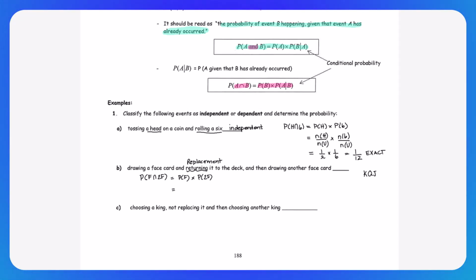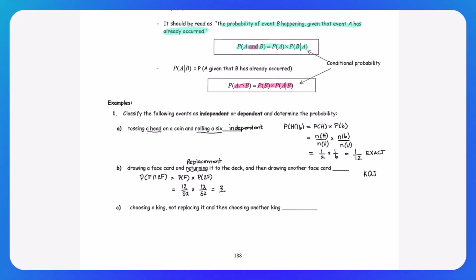So that means the probability of the first face card is 12 over 52. And because we're putting the card back, we still have 52 cards in the deck, and there's still 12 face cards in the deck. Now we can reduce these fractions down. Let's say that is dividing top and bottom by 4.